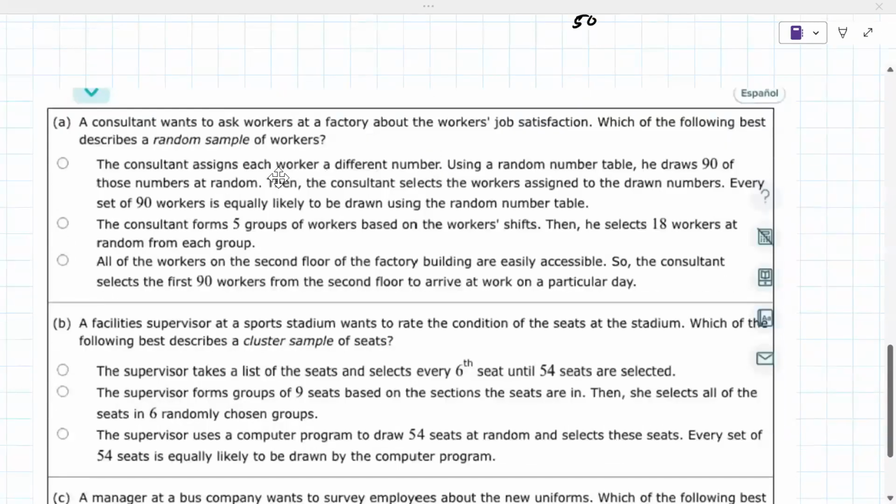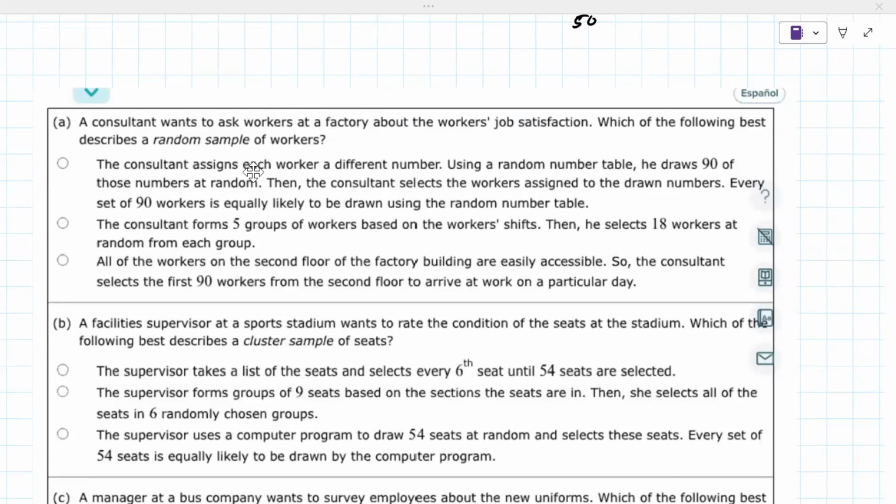Let me go ahead and share my screen. A consultant wants to ask workers at a factory about the workers' job satisfaction. Which of the following best describes a random sample of workers? We're looking for something that is truly random. It's easier for me to give you the answer than to have you work through it.